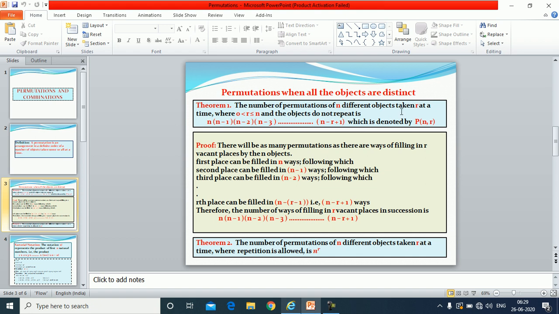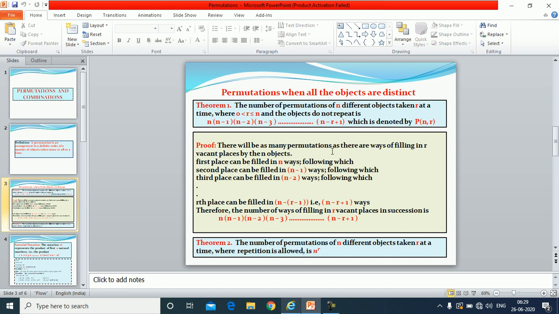So this is the number of arrangements we are going to have if out of n different objects only r are arranged and the objects are not permitted to repeat. This expression we have obtained through the fundamental principle of counting, and it is also denoted as P with a bracket n comma r, that means permutations of n objects taken r at a time. I have already explained it.